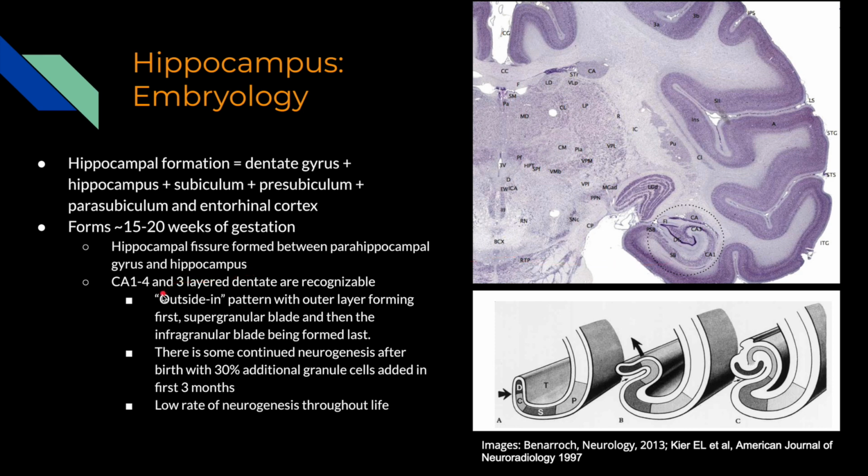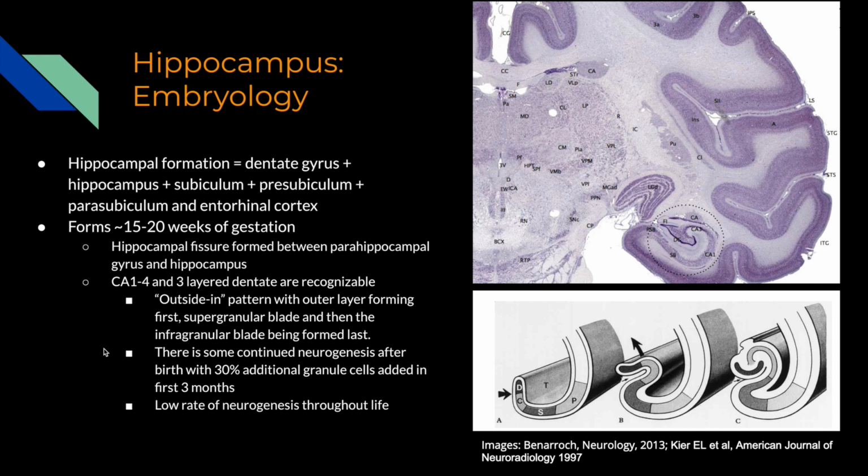Interestingly, it forms in an outside-in pattern with the outer layers forming first. This is in contrast to the inside-out pattern that we know occurs in the cortex. Also interesting, and kind of a topic of controversy, is that even after birth, the hippocampus continues to generate new neurons through a process called neurogenesis.